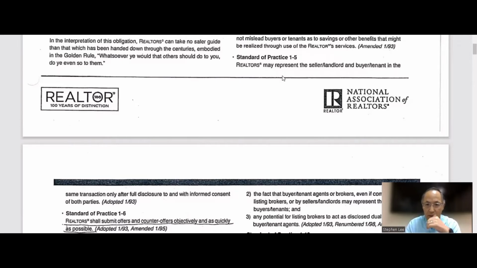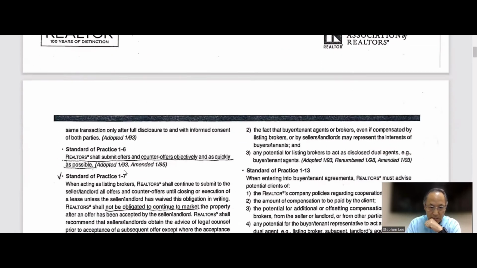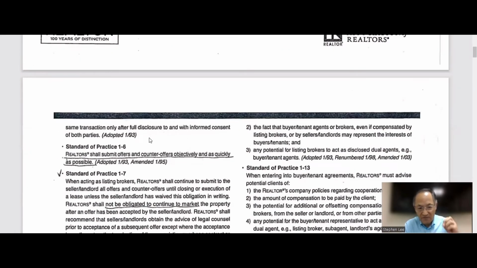Okay, but realtors, we may do so. However, only after full disclosure to and with informed consent of both parties. So two things: you have to inform, you have to disclose that I'm going to be representing both of you at the same time, the buyer and the seller.